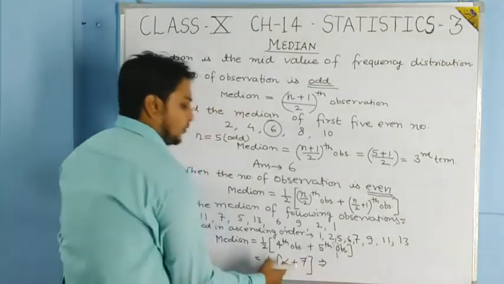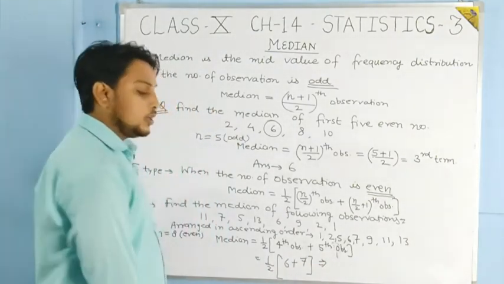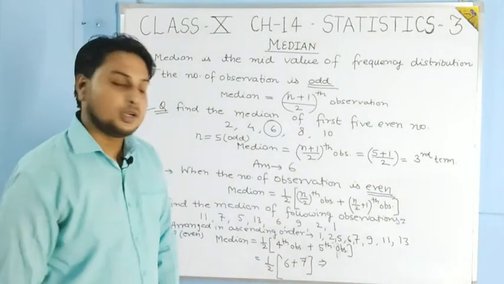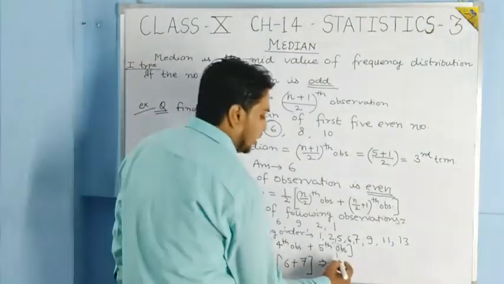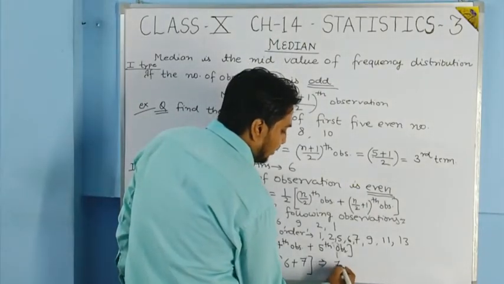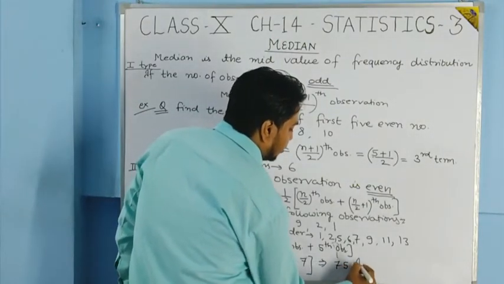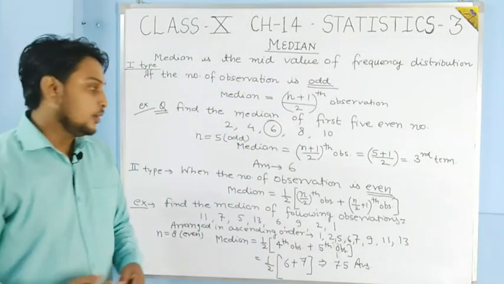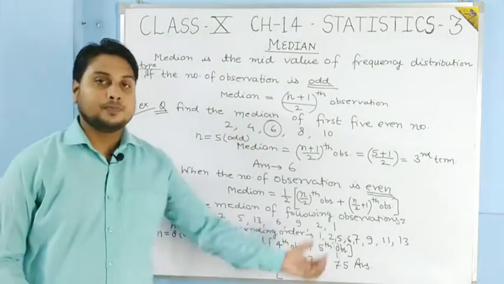So now you add 6 plus 7, that is 13, and 13 into 1 by 2 means half of 13, which will be 7.5. So students, here is the answer of your median of this data.